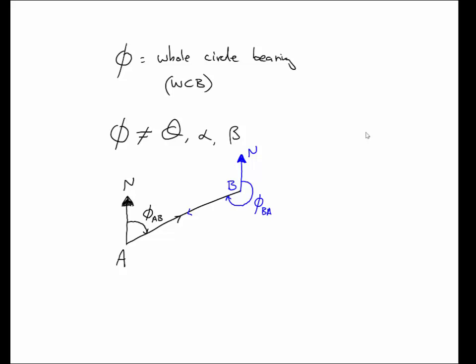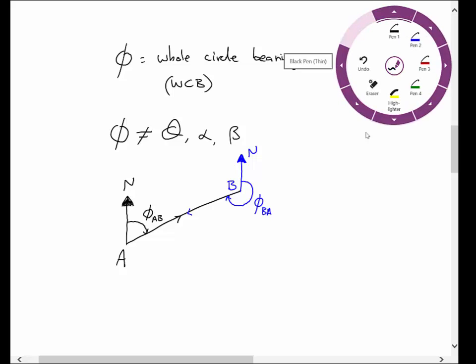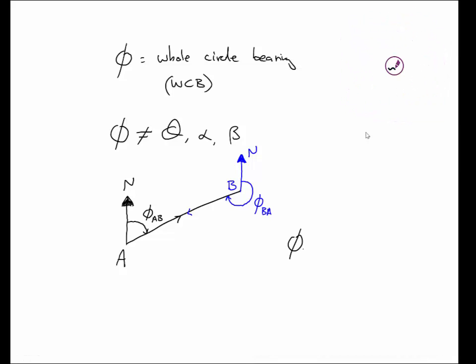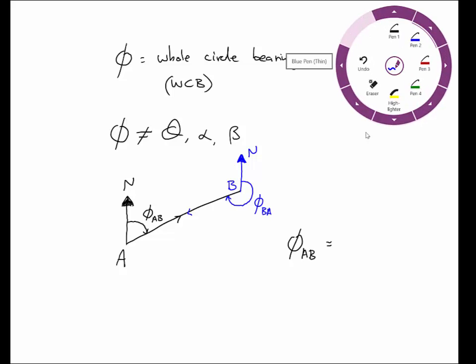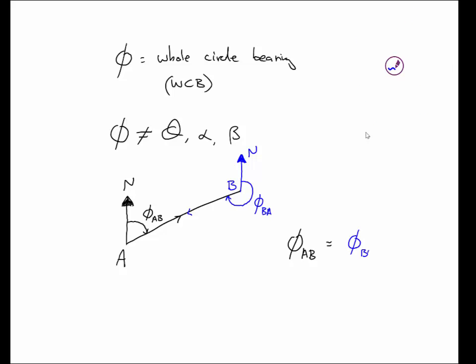Now you can see that for any given line, phi AB is going to be equal to phi BA plus 180 degrees, and vice versa.